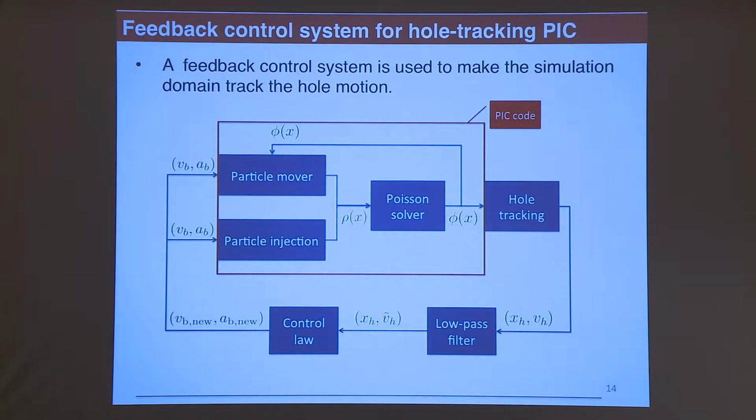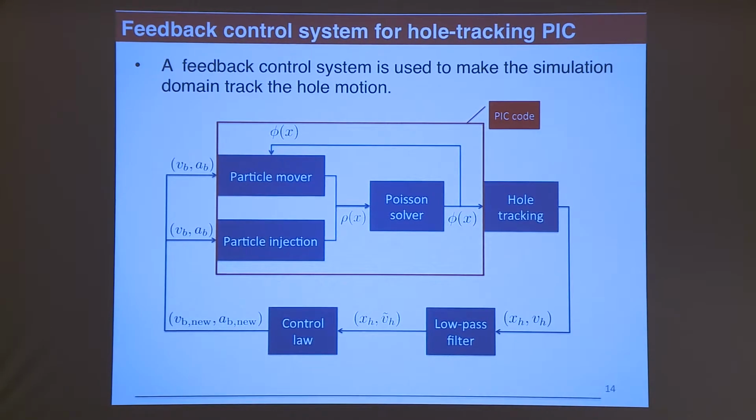In this diagram, inside this red box, I'm showing you the structure of a common PIC code. So you have a particle mover, you have particle injection at the boundaries, and the Poisson solver to solve for the field. To do this feedback control, you need some extra blocks. The first thing you need is a hole tracking block that tells you where the position of that feature is in the simulation domain, and then it gives you the position and the velocity of that feature.